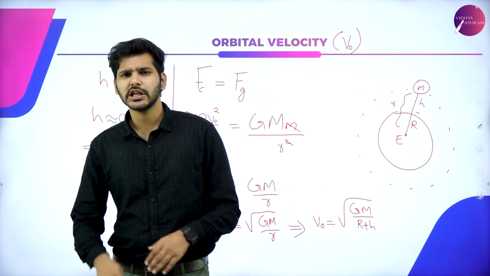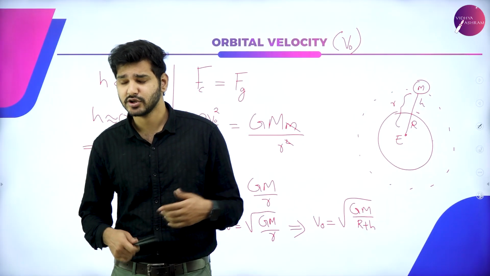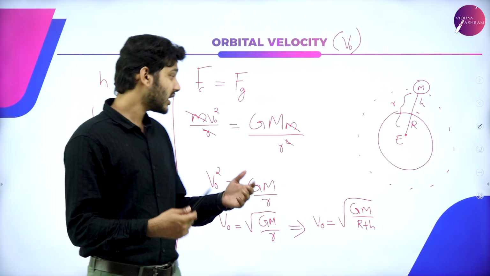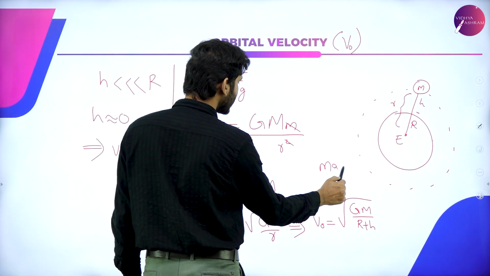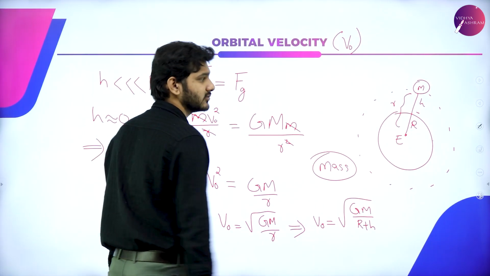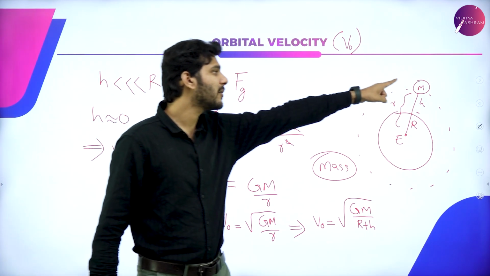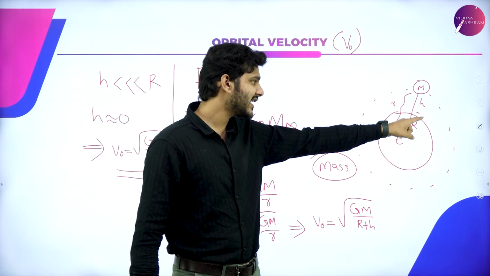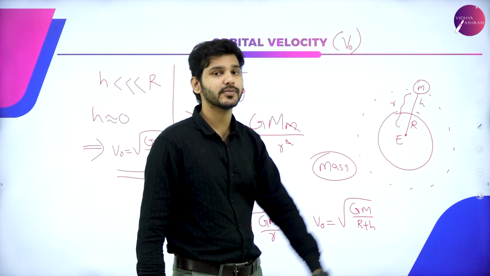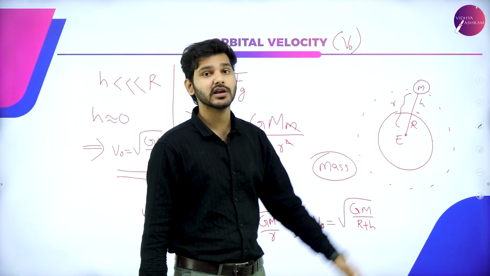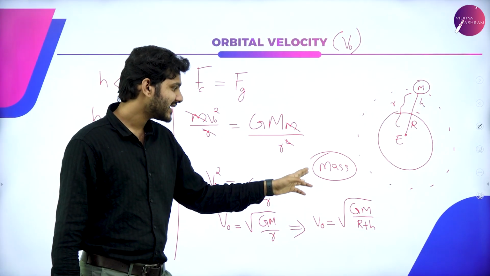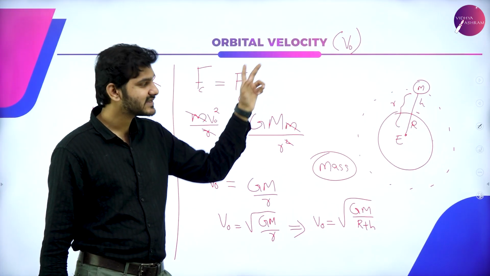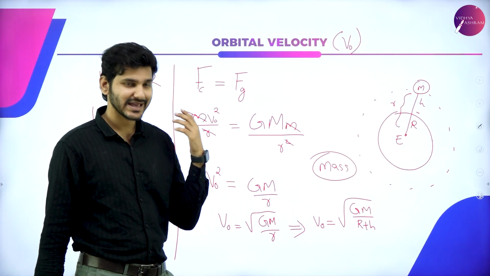So again, what do we need to understand from this particular equation? The only thing you need to understand is that it is independent of the mass of the object. Even if the ISS, the International Space Station, is orbiting, or the moon is orbiting, or Jupiter is orbiting, it does not matter. It is independent of the mass of the satellite which is orbiting around any planet.